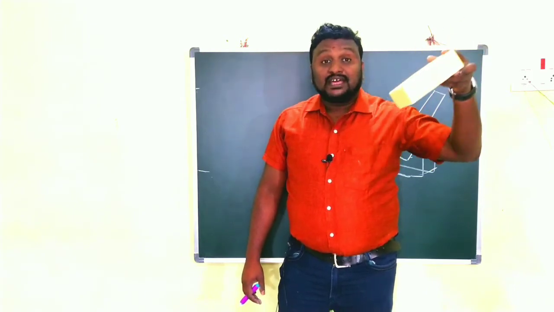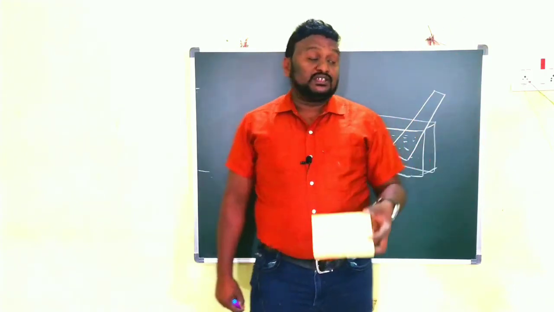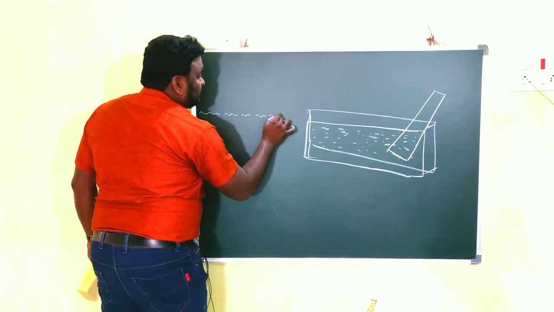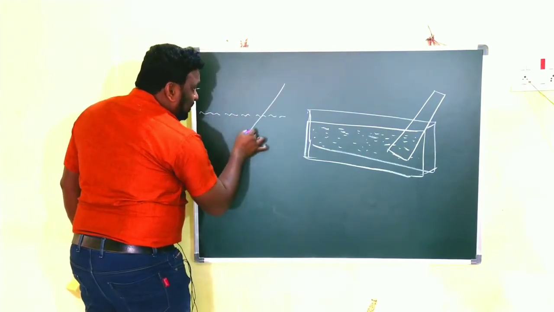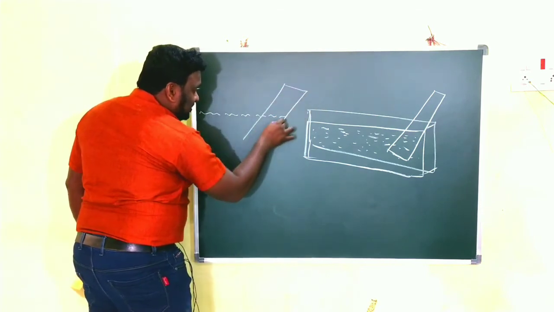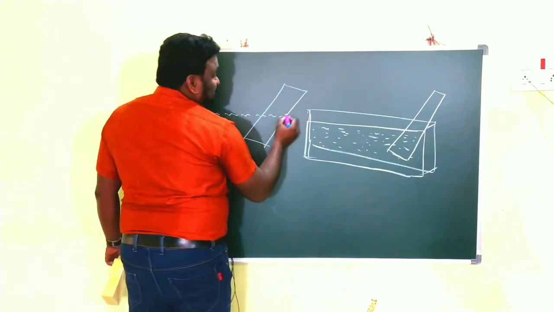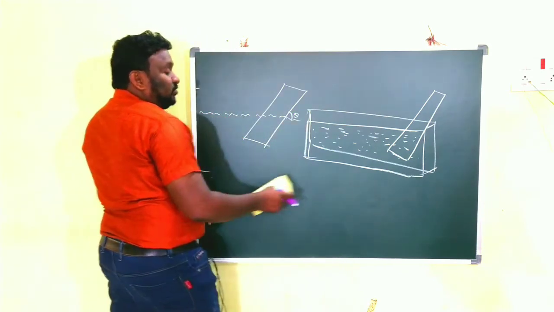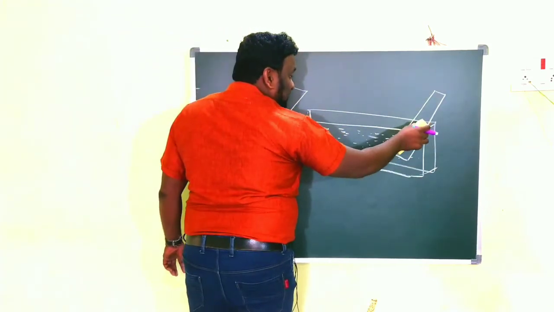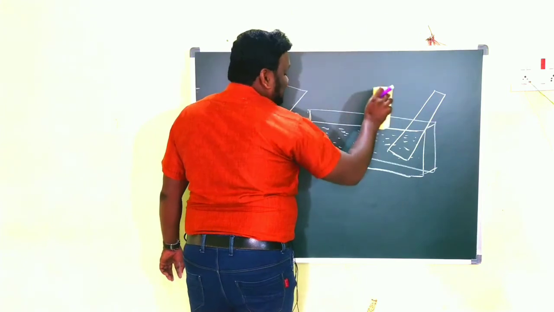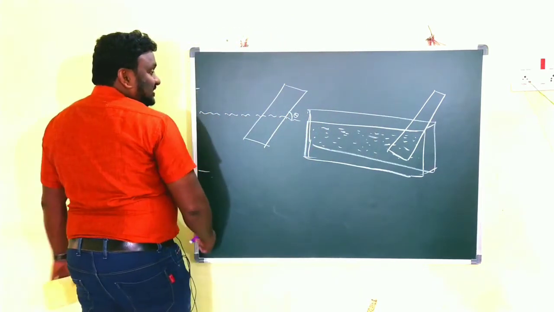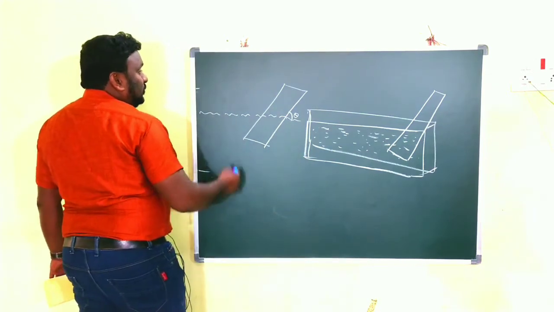The mirror will make some angle with the water surface. For example, here this is the water, and in that we are keeping a plain mirror. So now it will make some angle. That means it must be placed so that it makes some angle, not straight. Clear, children? After that, I am showing separately here now.